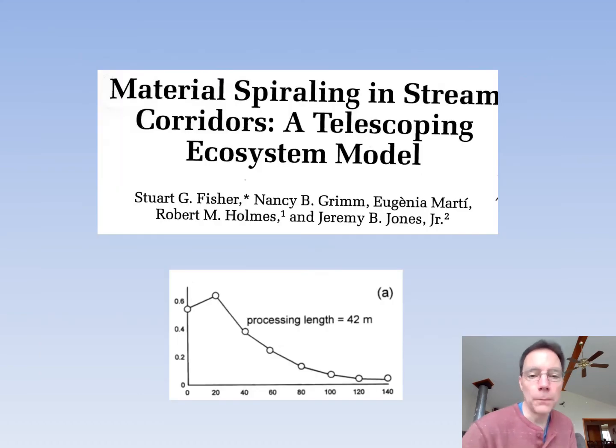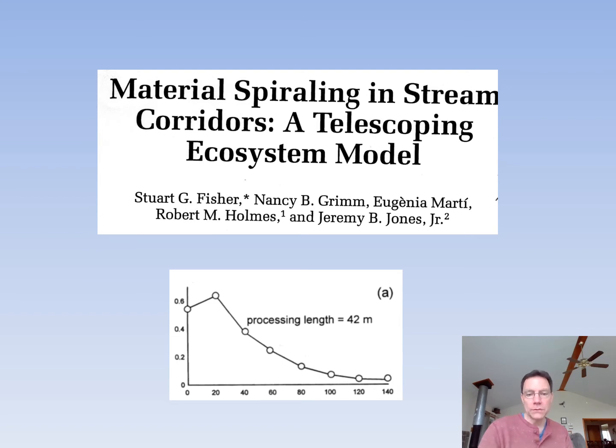Here's a couple glimpses of some figures from a paper that sort of gets at this idea of stream processing. So here's the basic idea of processing length. A chunk of leaf or whatever falls into the river. And this is showing its biomass. Actually, the biomass goes up at first, which seems weird because bacteria are colonizing it, and it actually takes on biomass. But then it starts to lose biomass as it gets processed.